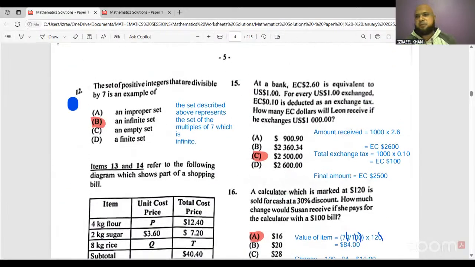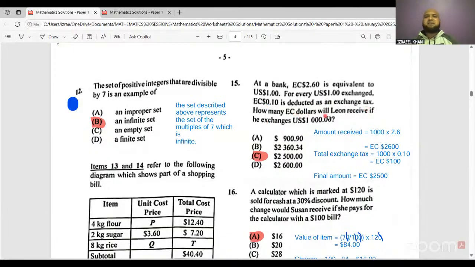All right. So making it bigger. Going on to 15. They say at a bank, $2.60 EC is equivalent to $1. And for every $1 exchange, 10 cents EC is deducted as an exchange fee.